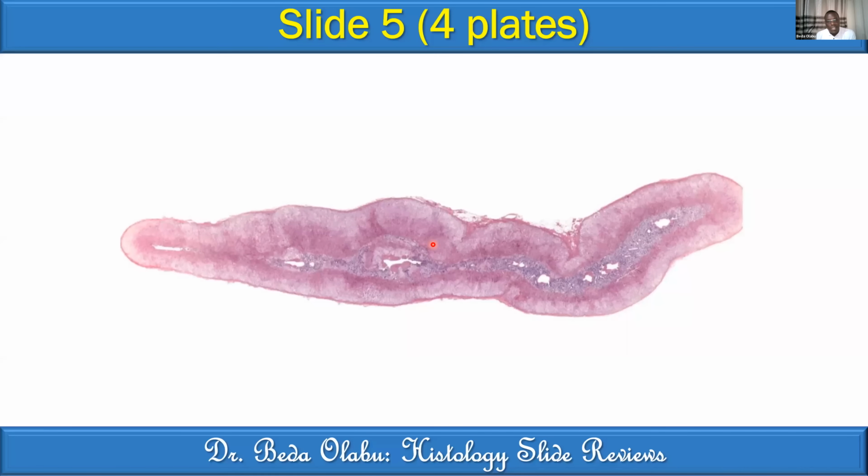Yes, the organ is encapsulated, although that capsule is better seen in the second magnification. And the organ seems to have two zones, an outer compact zone and an inner, less compact zone. That is what we're able to capture at that magnification.